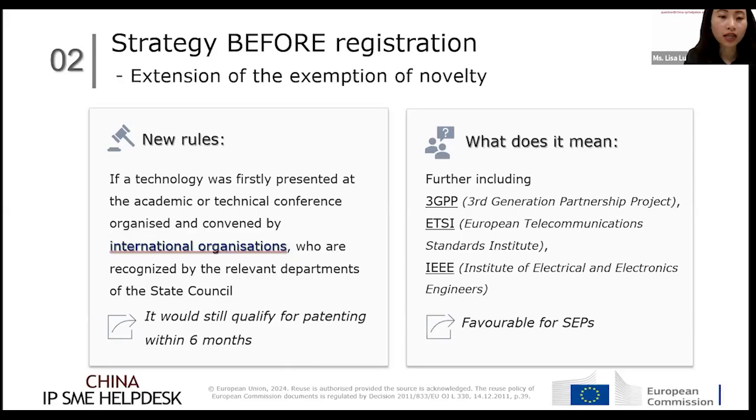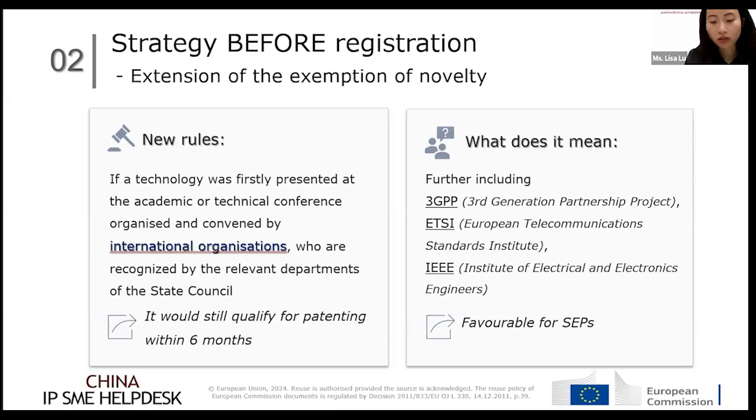And the new rule extends the situation of the conference by recognizing conferences organized and convened by international organizations. In that case, the invention still qualifies for patenting within 6 months. Why is this rule important? This rule is favorable for SEP owners.